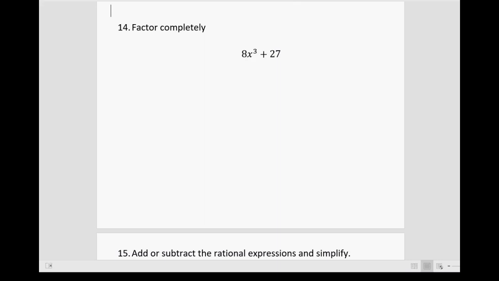So the next step is to look at how many terms you have. I have 2 terms. So I either have the difference of 2 squares or the sum or difference of cubes. And it looks like I have the sum of cubes. So let's remember that formula. A cubed plus B cubed equals A plus B times A squared minus AB plus B squared.